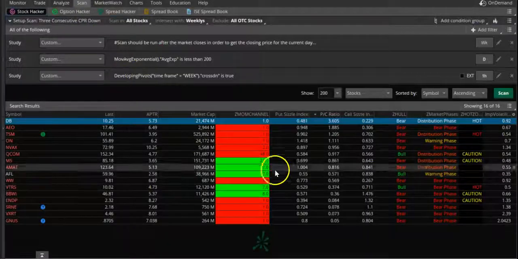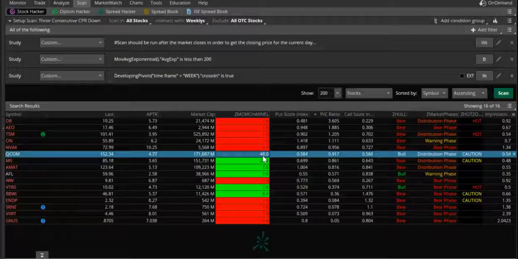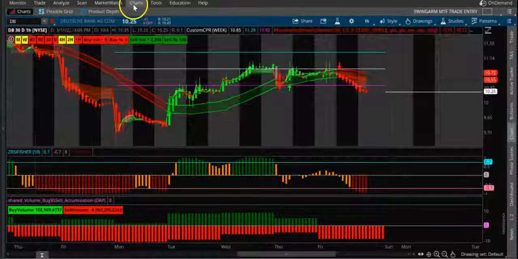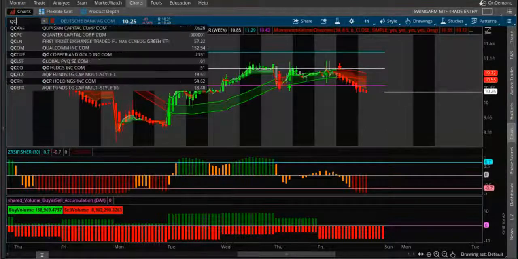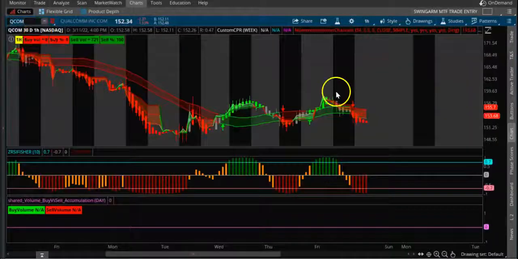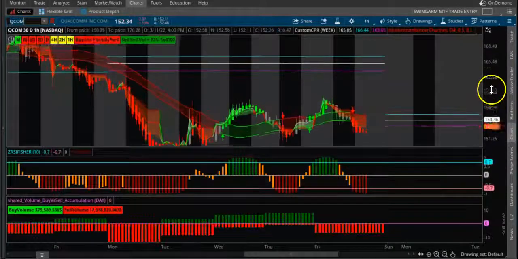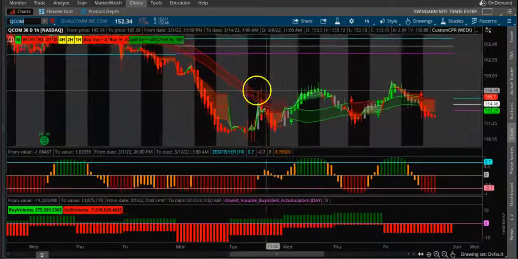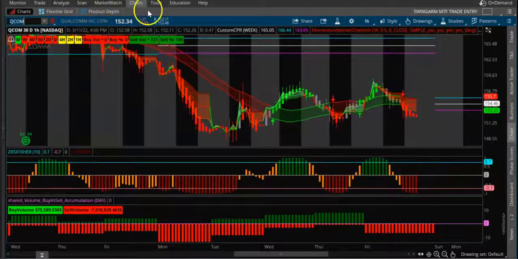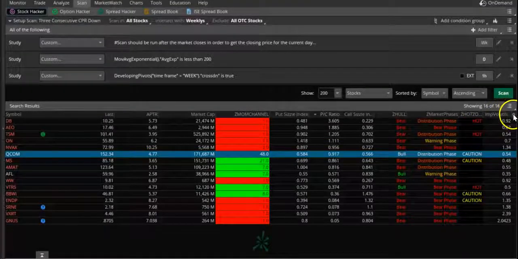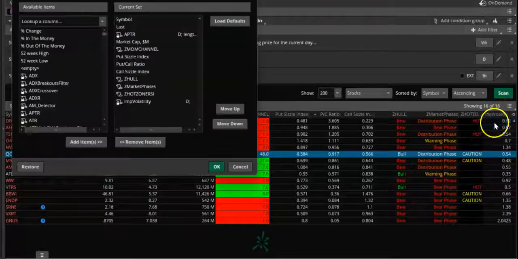DB1. Let's look at this one, QCOM. Negative chart. Let me just make sure I fix this. Customize.